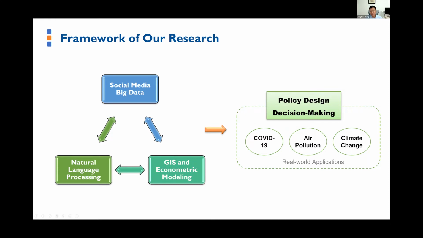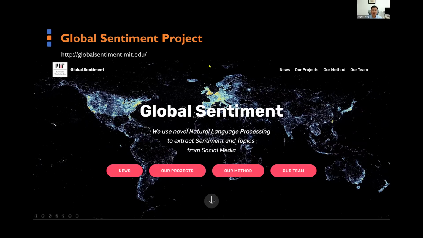Then I will show three examples, including coronavirus disease and air pollution, and climate change, as real-world applications. These show that when social media data is coupled with machine learning techniques and causal experiment design, it can inform public policy making.